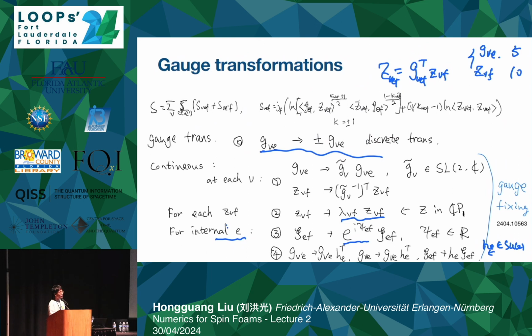g_ve are SL(2,C) group elements, but we have a gauge transformation, which gauge-fixes 5 into 4. And we have z_vf, which are spinors, and with the gauge transformation, each z_vf has 2 variables, and we have 6 for each SL(2,C) group element. So how many variables do we have? We have 4 multiplied by 6 plus 2 multiplied by 10.